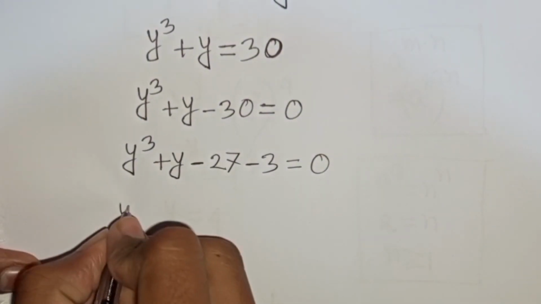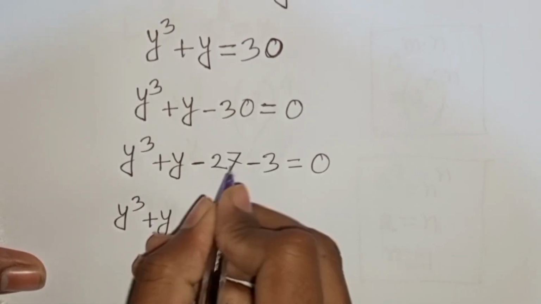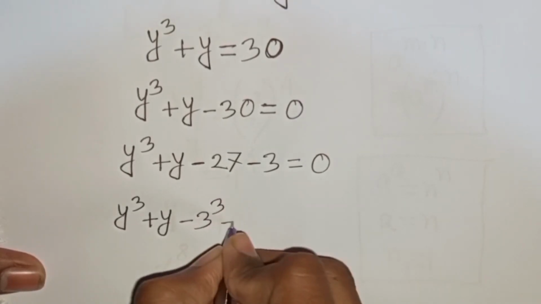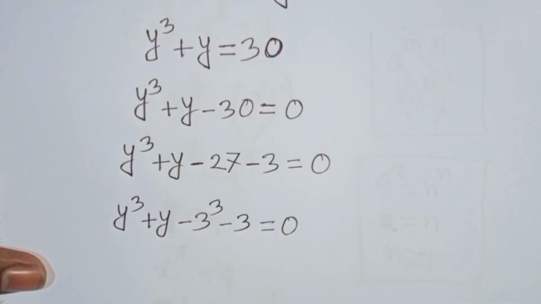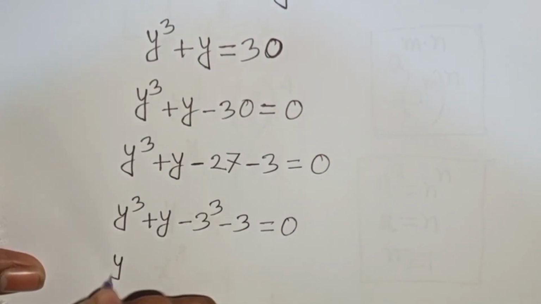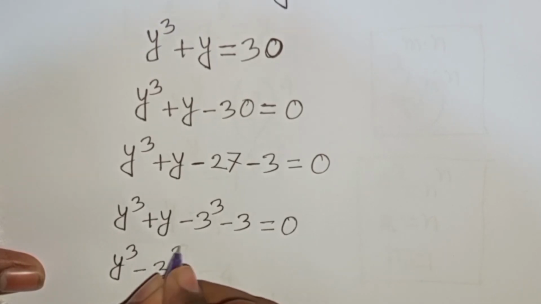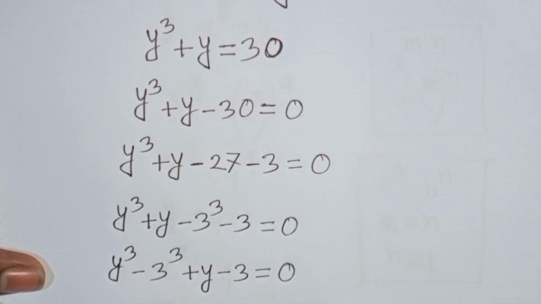Now we have y cube plus y, then minus 27 is same as minus 3 cube, then minus 3 is equal to 0. Now we have y cube minus 3 cube plus y minus 3 is equal to 0.